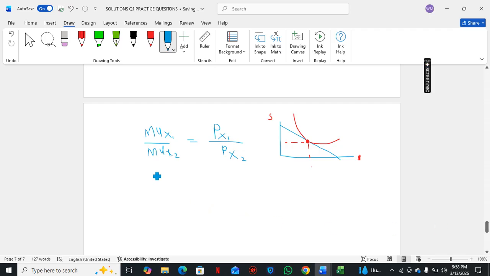So we're going to say X2 over X1 equals PX1 over PX2.